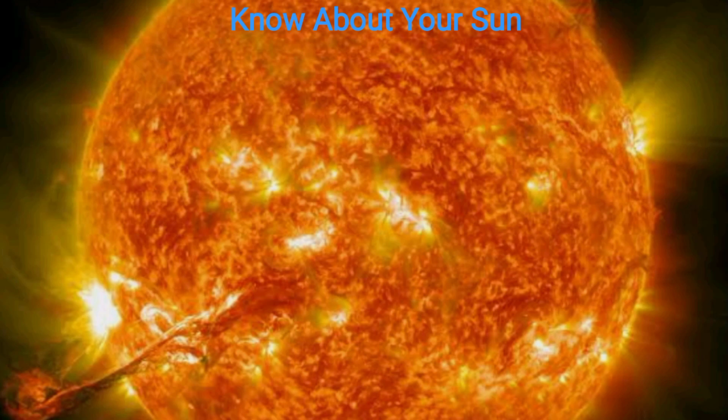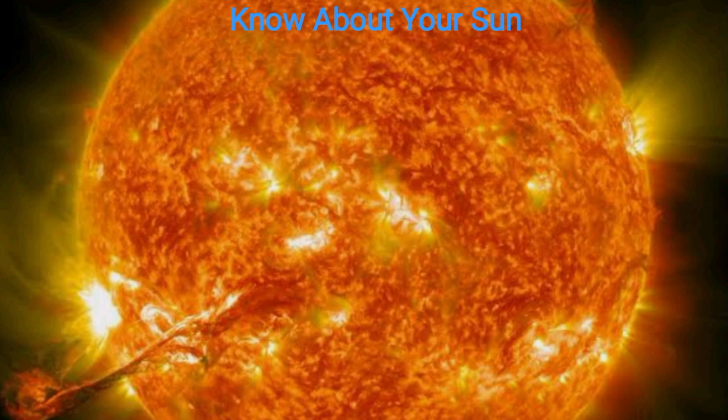The sun's surface is called the photosphere. The temperature of the photosphere is about 10,000 degrees Fahrenheit. The temperature at the core, or very middle of the sun, is about 27 million degrees Fahrenheit.